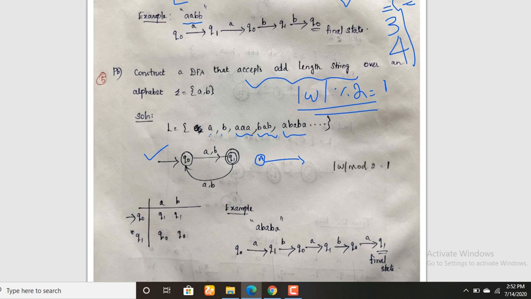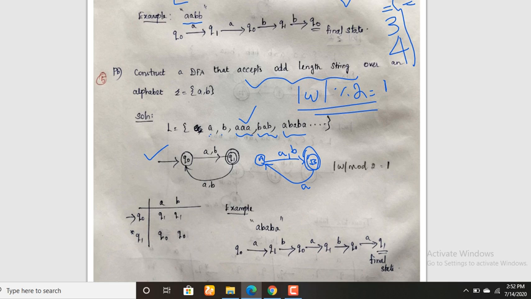On receiving A, it goes to the final state. On receiving B, it goes to the final state. On receiving A again, it goes back, and on the third A, it goes to the final state.